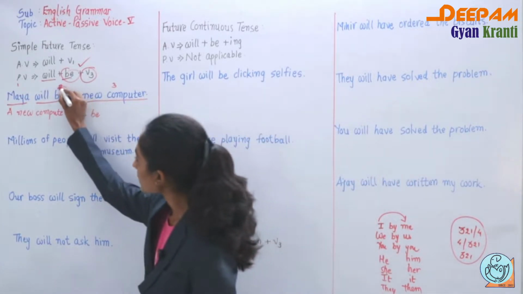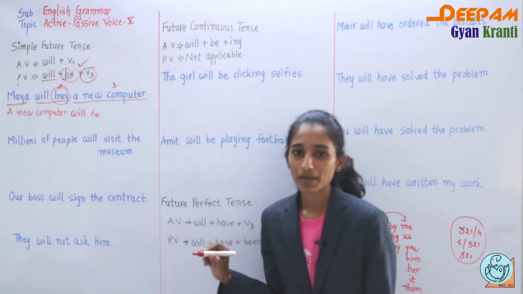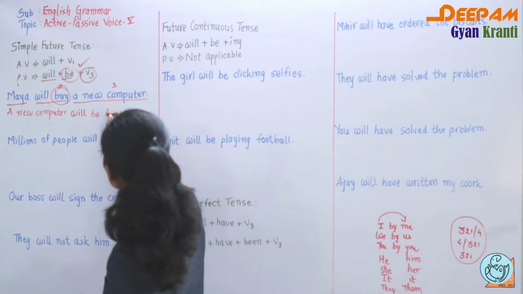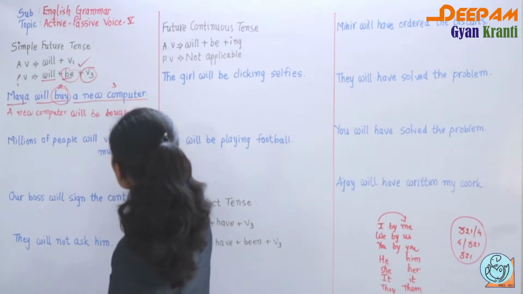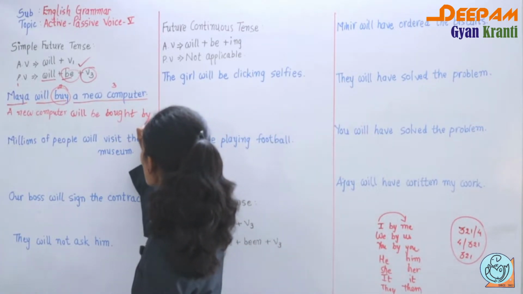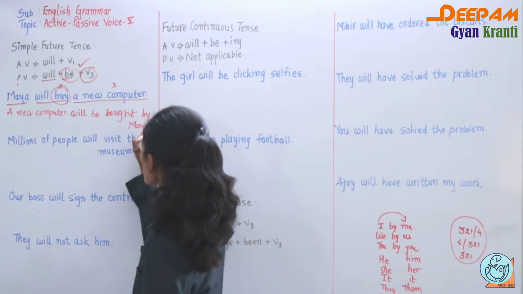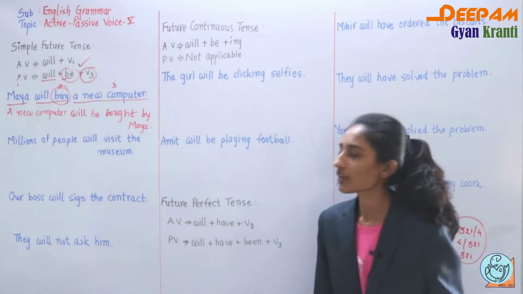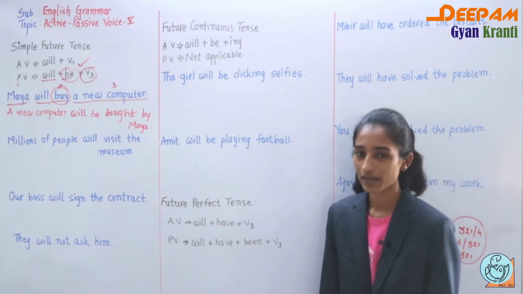Means the main verb is buy. So what is the past participle of buy? So will be bought, and the subject is given, Maya. So what you have to add? By Maya, right? So the answer is: a new computer will be bought by Maya.